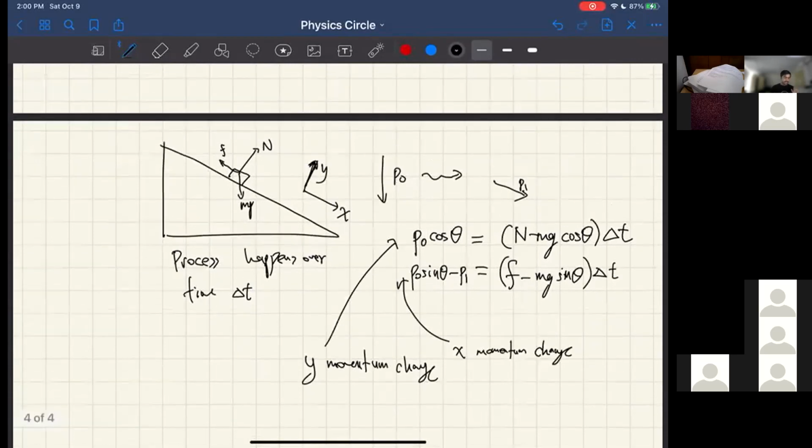I went a little bit fast, but the point here is that the original y momentum is p0 cos theta down, and it becomes 0. So the overall change is p0 cos theta, and the forces in the y direction are n minus mg cos theta, and act over time delta t. And similarly here for the change in x momentum.